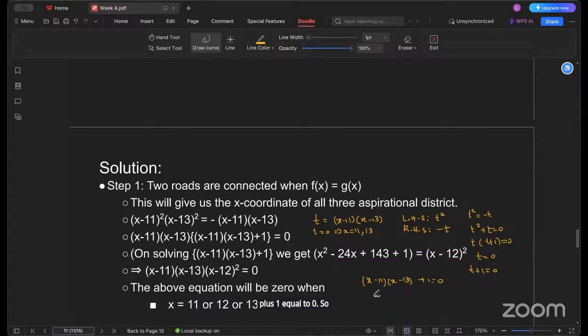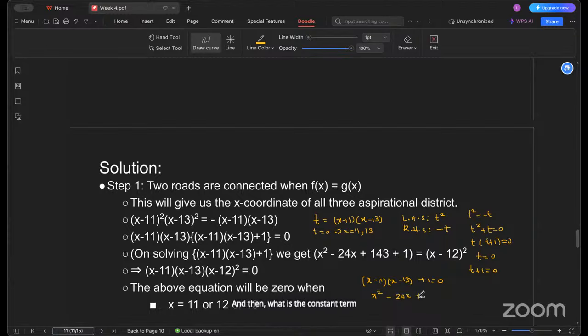So what is this? Can you calculate and tell me? x square. Yeah. Calculate. What's the coefficient of x? Minus 24x, right? Yes. And then what is the constant term?